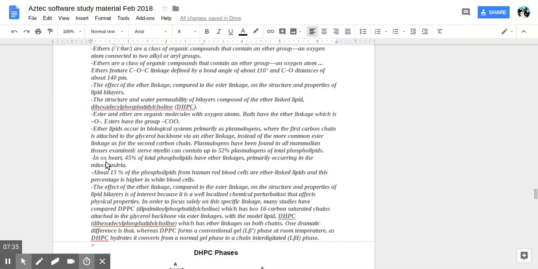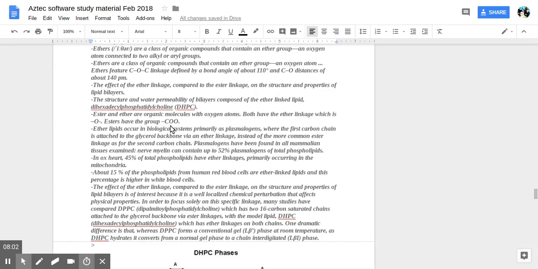The structure and water permeability of bilayers composed of ether-linked lipids, which are called dihexadecyl phosphatidylcholines, DHPC. Esters and ethers are organic molecules which both contain oxygen atoms. Both contain the ether linkage, which is the oxygen.